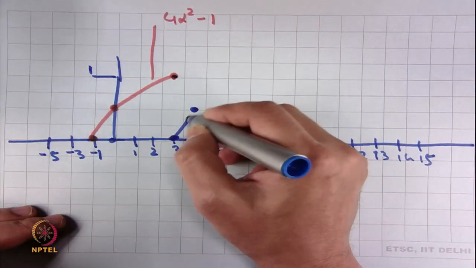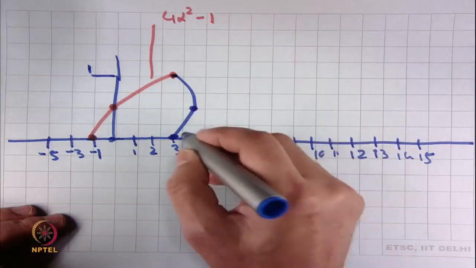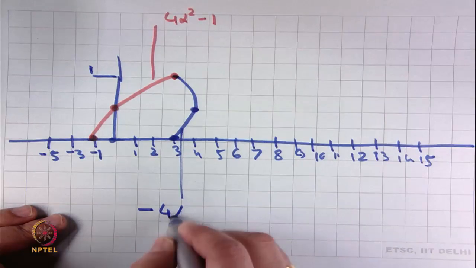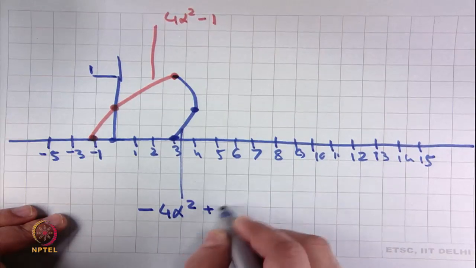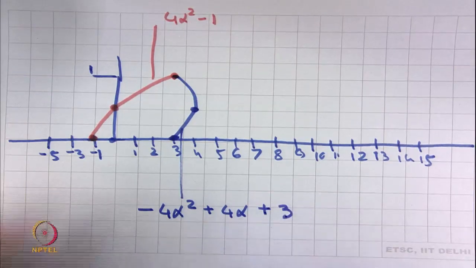Therefore, the shape of the curve is going to be like this. This is the curve minus 4 alpha square plus 4 alpha plus 3.